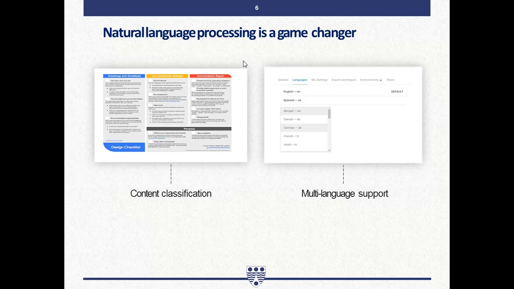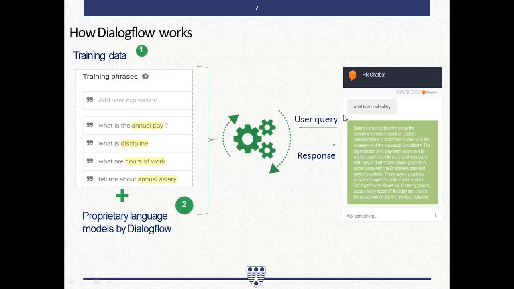For content classification, we leverage more than 700 categories to accurately classify our content. We are going to see this as we progress. Then the multi-language support enables you to build your chatbot for different countries and in different languages, which is pretty awesome, right?